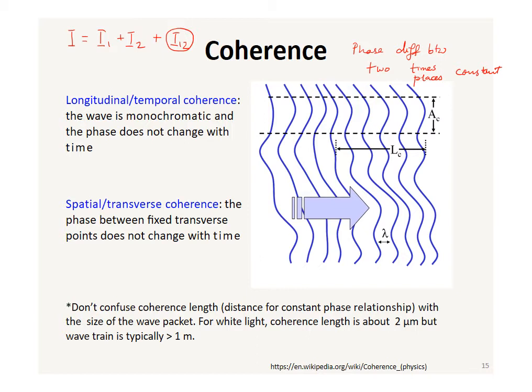Now, a source produces light that's going to be a mix of these wave trains. So if we sit in a fixed spot, such as here, the wave fronts that come past us are going to look sinusoidal for a certain time, but then there'll be changes in phase, usually quite abrupt.